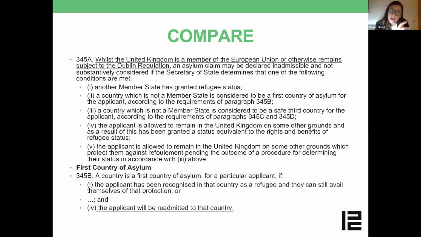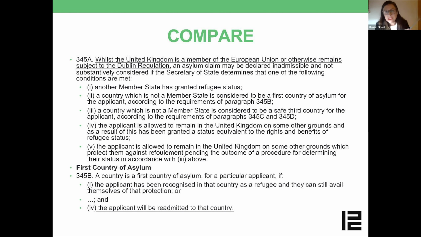Rule 345A, like I said, the Dublin one, doesn't formally require the member state of proposed removal to agree to admit the claimant. And this contrasts with the post transition provisions under 345B and 345C, which both explicitly require the claimant to be admissible to the third country.